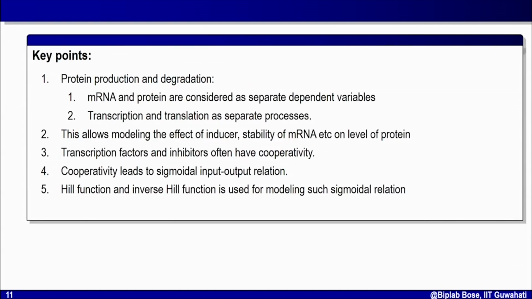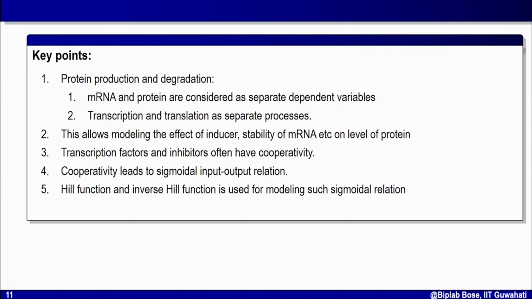So if I jot down what we have discussed in this module, we have discussed that for protein production and degradation, usually we may not consider transcription and translation separately, I may club them together in a single process, but sometimes we have to separate them, consider them as separate processes, and in those cases I have to consider mRNA and protein as separate dependent variables.